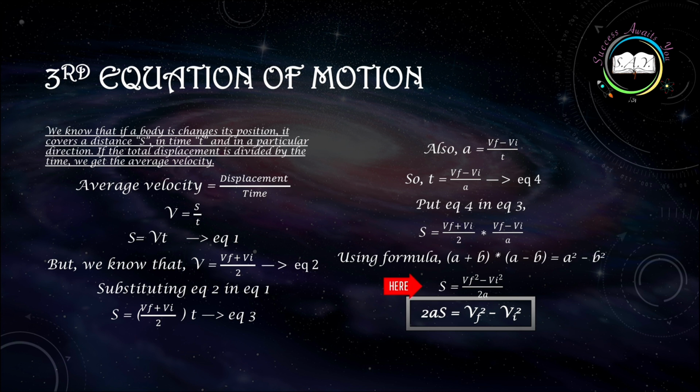S equals vf square minus vi square upon 2a. Since 2a is dividing on the right-hand side, we will send it to the left, where it will multiply with s. The final equation becomes 2as equals vf square minus vi square. This is the required third equation of motion.